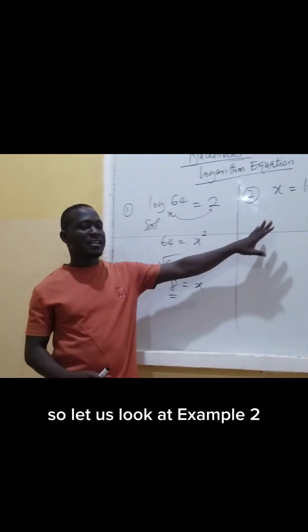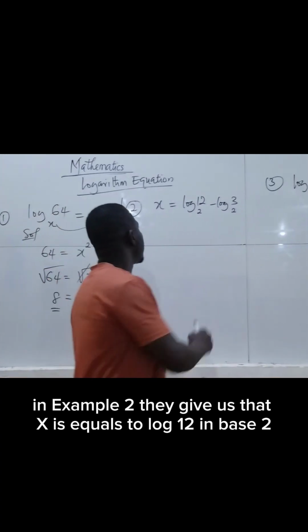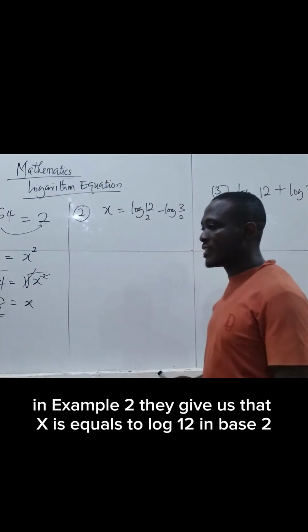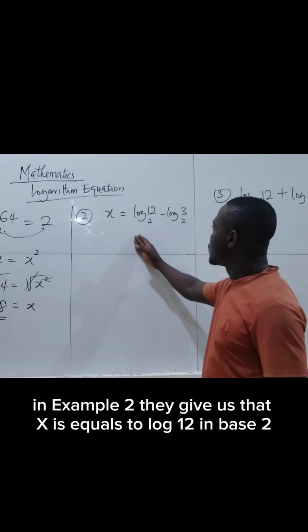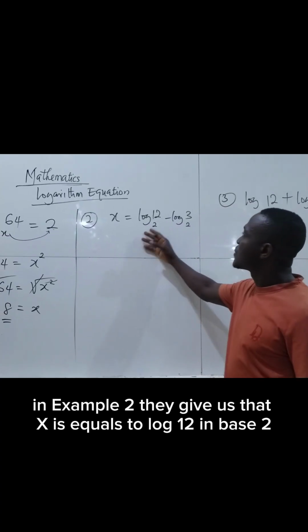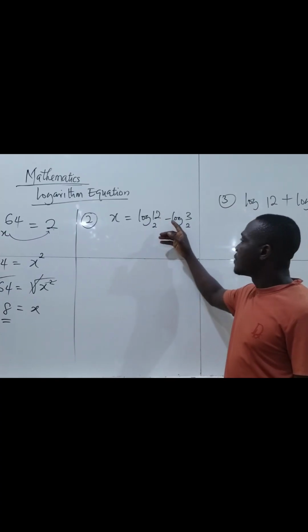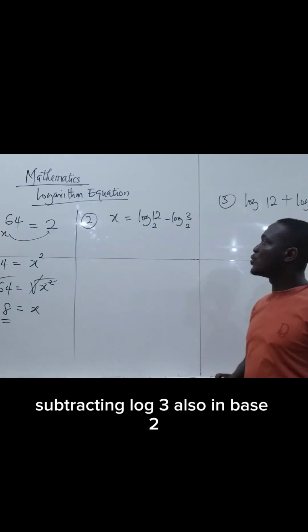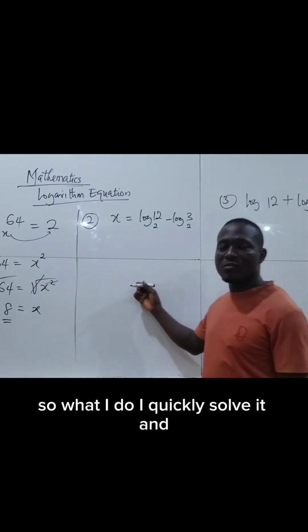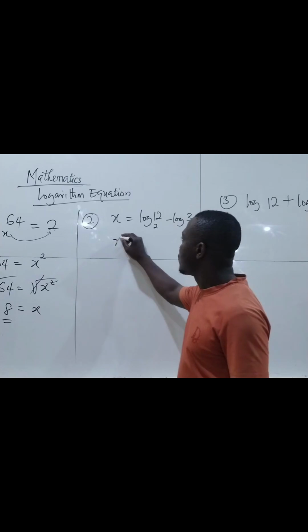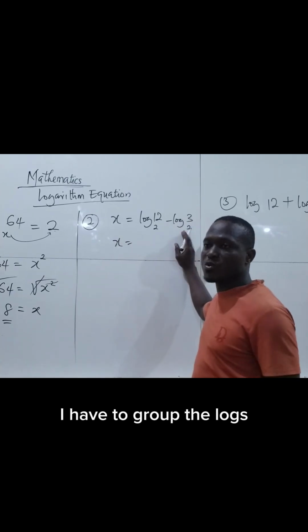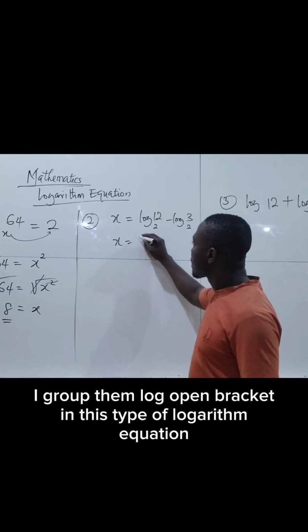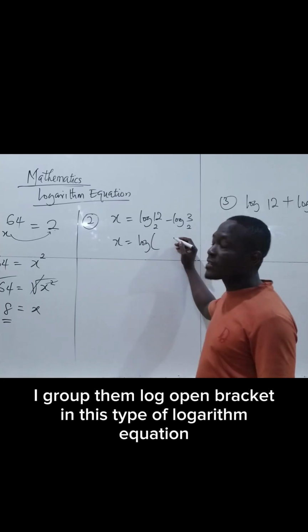So let us look at example 2. In example 2, they gave us that x equals log 12 in base 2, subtracting log 3, also in base 2. So what I'll do, I quickly solve it. x will be equal to, I have to group the logs. I group them: log, open a bracket.